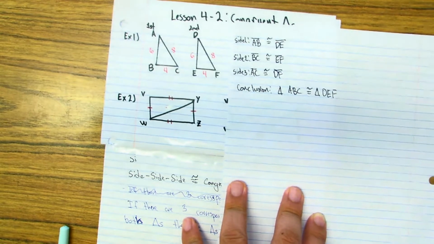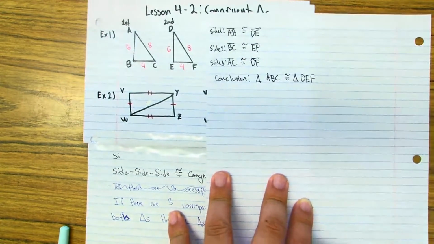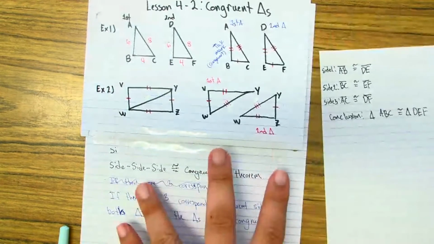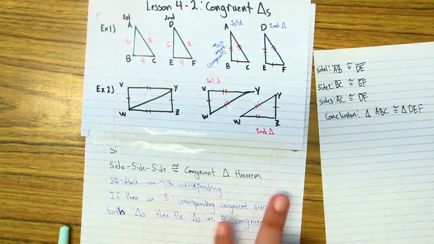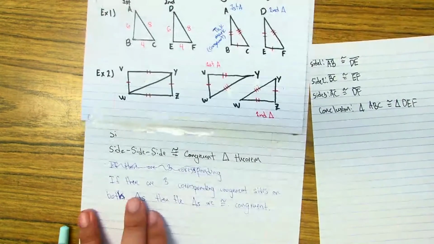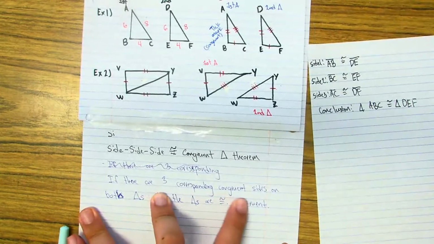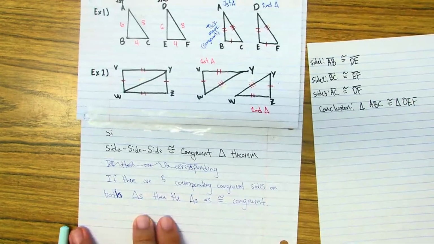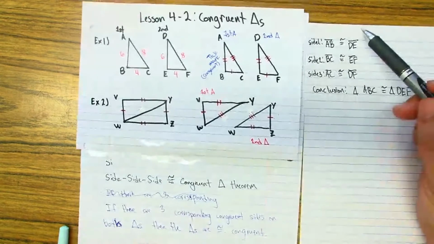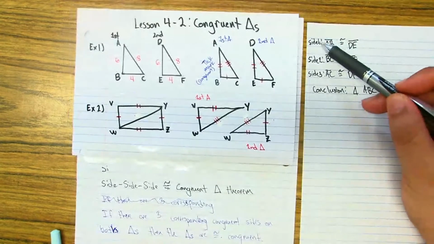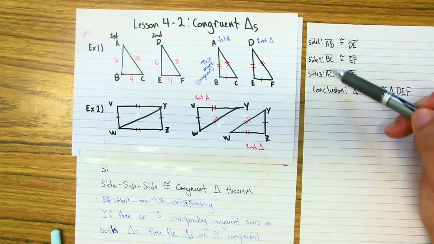How do you know they're congruent? Once again, we're going to be using the side-side-side congruent triangle theorem. Do we have at least 3 corresponding congruent sides on both triangles? Let's go back here and see. Yes, we do. We have side 1, side 2, and side 3.